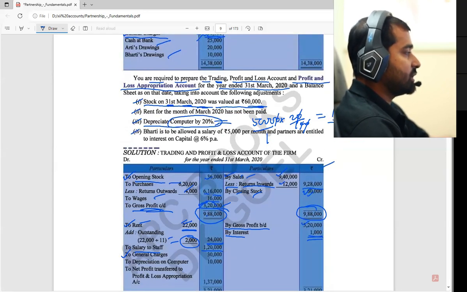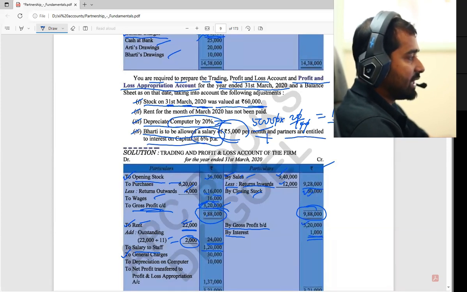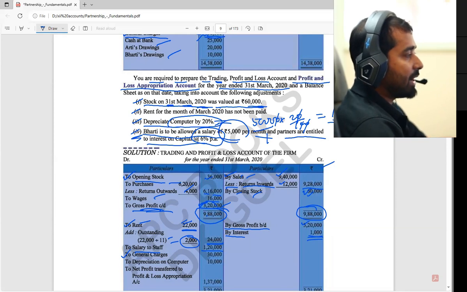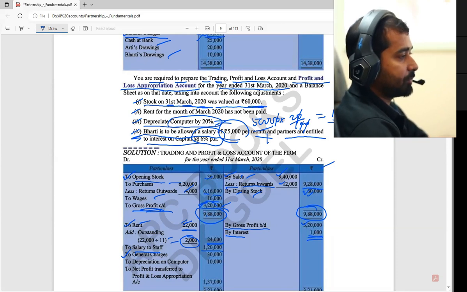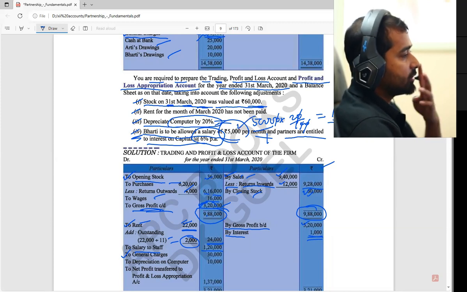And the last one more thing: Bharti is allowed a salary of rupees 5,000 per month and the partners are entitled to interest on capital at 6% per annum. Can you see that point number 4? It is a part of the profit and loss appropriation account. Because Bharti is allowed a salary of rupees 5,000, so this is a partner's salary.